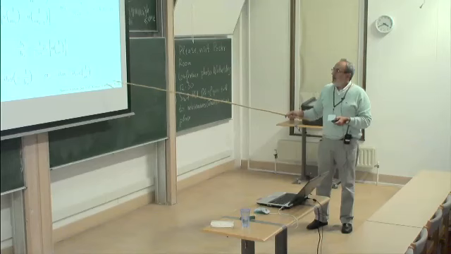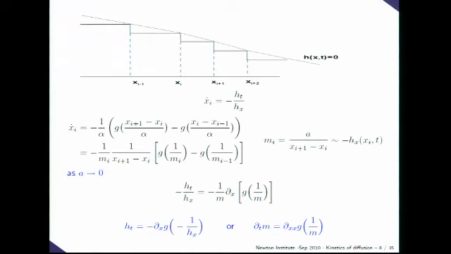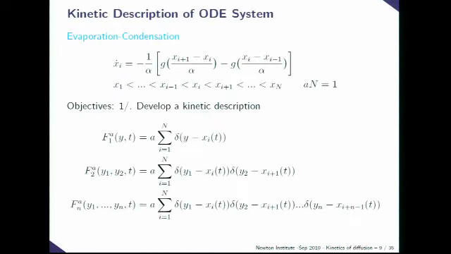Now let me try to visit this problem from the perspective of kinetic theory and see how this will work. So the feature of this problem is again that there are nearest neighbor interactions, and we are interested in computing the hierarchy that would describe the kinetic description of this system of ODEs.